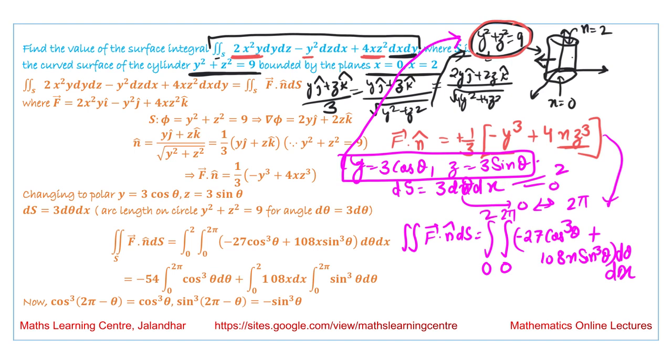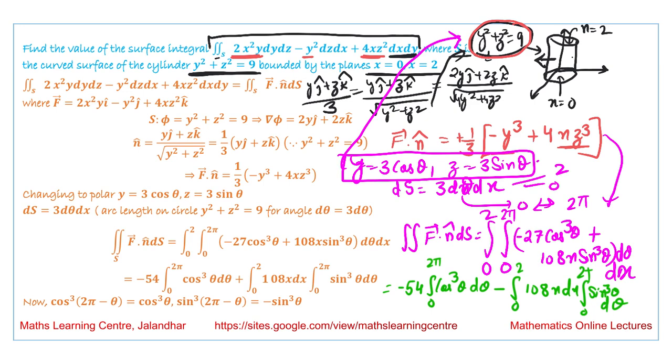Now if we integrate, this integral is equal to minus 54 integration 0 to 2 pi cos cube theta d theta minus integration 0 to 2 108 x dx integration 0 to 2 pi sin cube theta d theta.